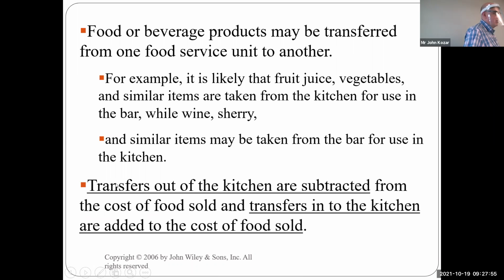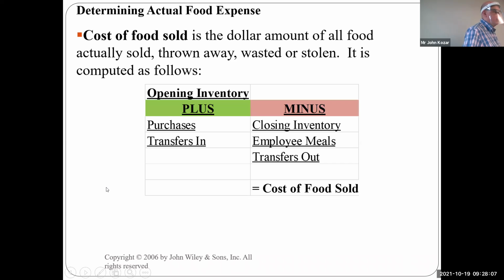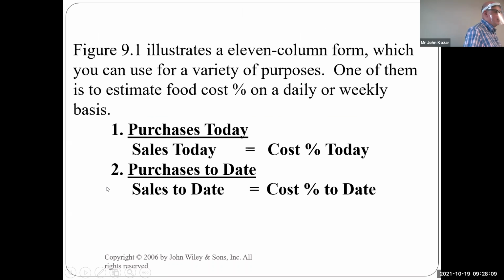Transfers. Anything going out of the kitchen to the bar or some other place is subtracted from food cost, and anything that you transferred in is added to your food cost. There's a text reference to a big form, and we'll go over this in the next class.